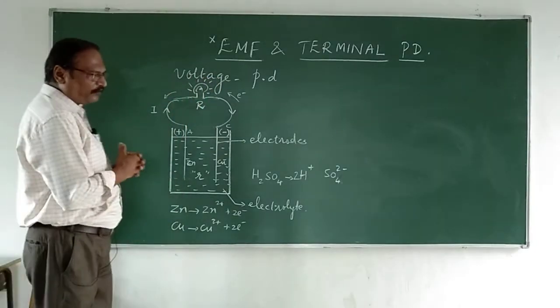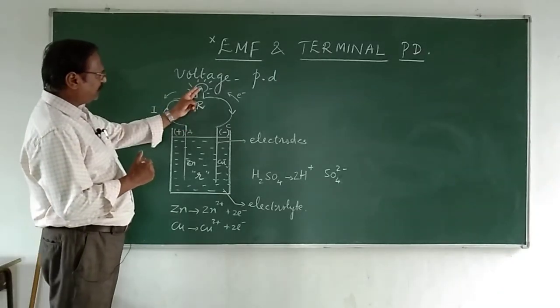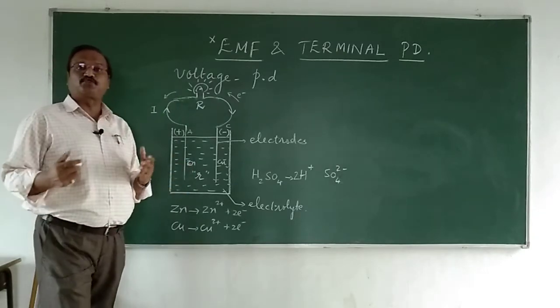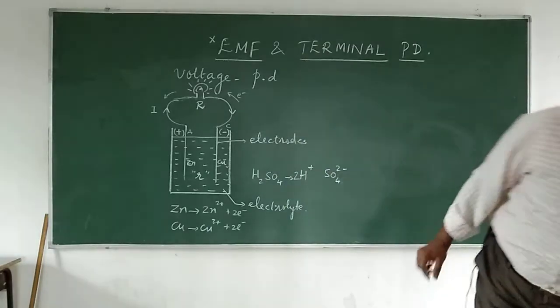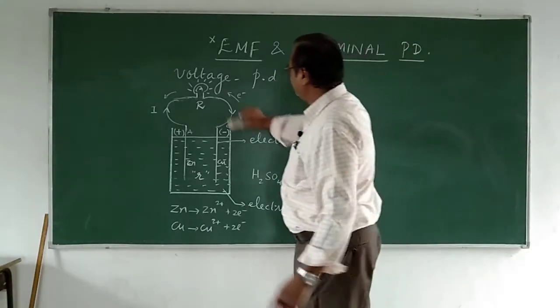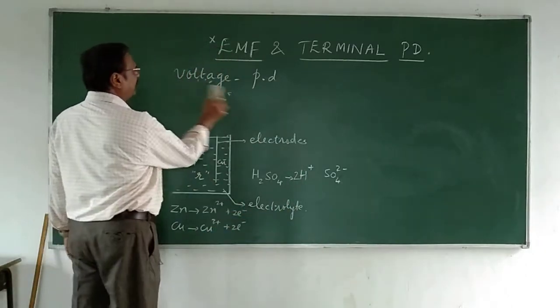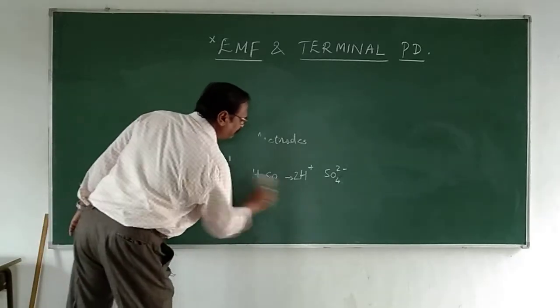Whenever we talk about this, two things we have to remember: one is external, which is a bulb or any object, and the other is internal, which is produced by the cell itself. Now let me erase this part because this is only an introduction. I am going to take a cell and a small simple circuit.